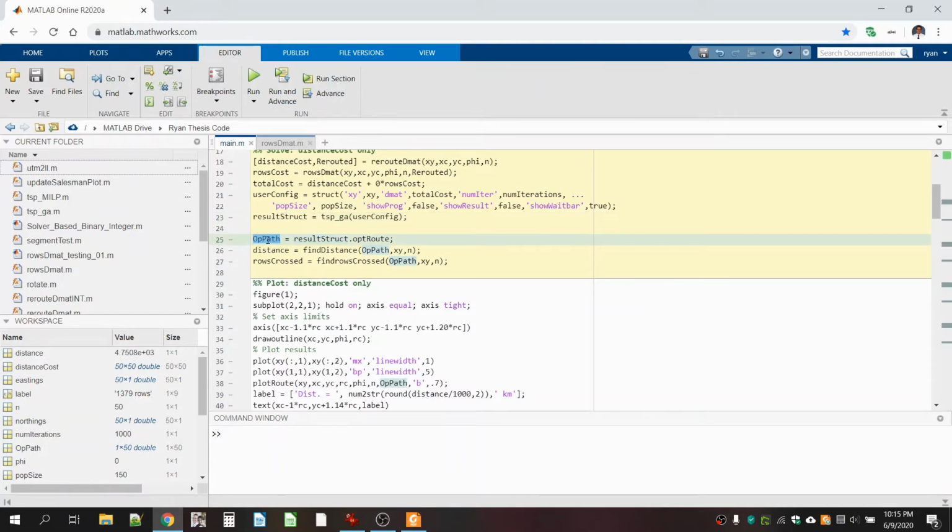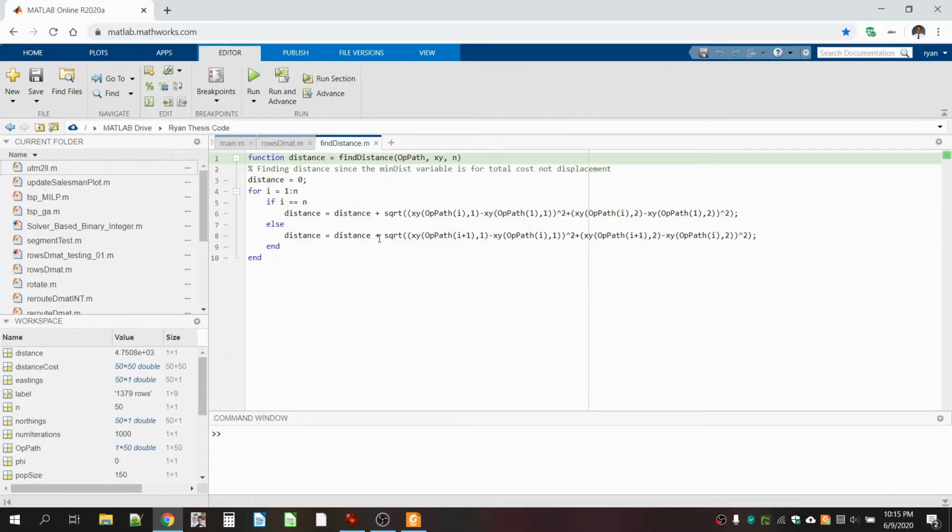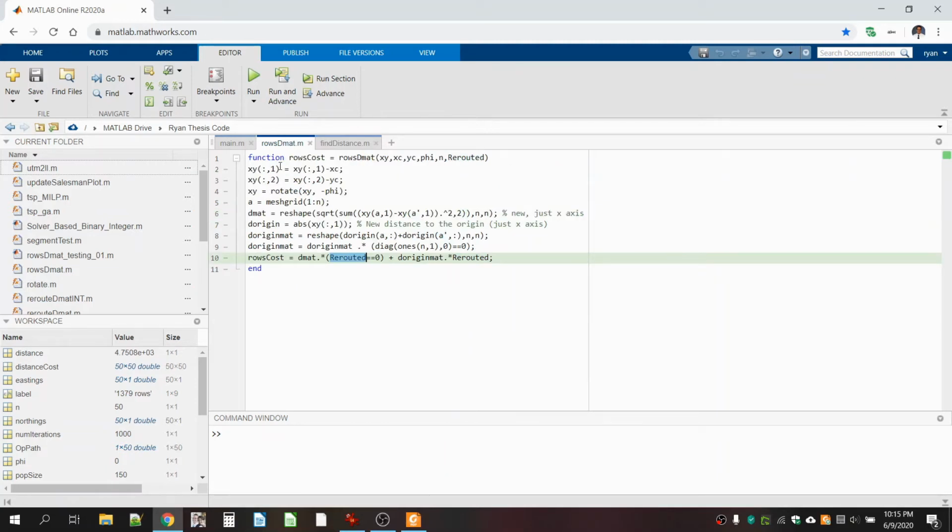I'm pulling the optimum path, pulling the total distance of that path, and this is a function that I made. So if you go to find distance by hitting Control D, it just is running through the XY and using the optimum path vector, and it's just adding the distance up to find the total distance of the optimum path.